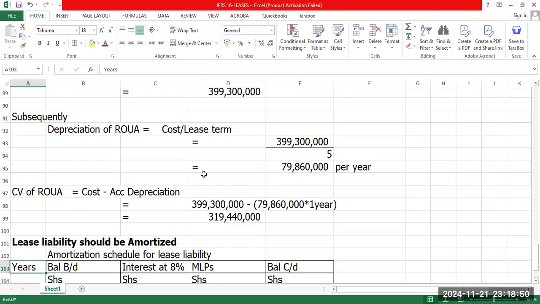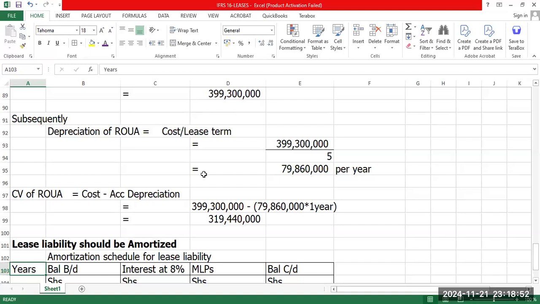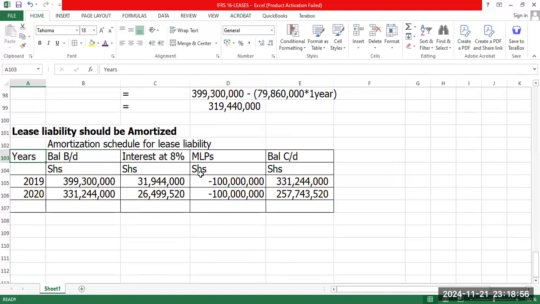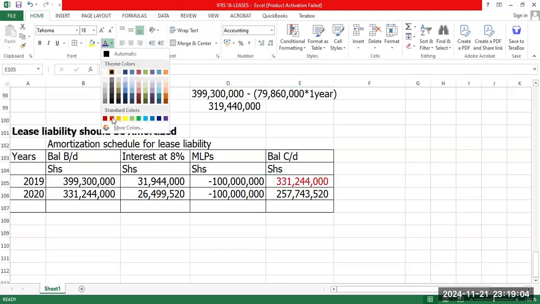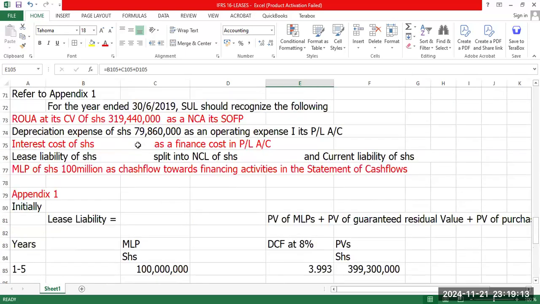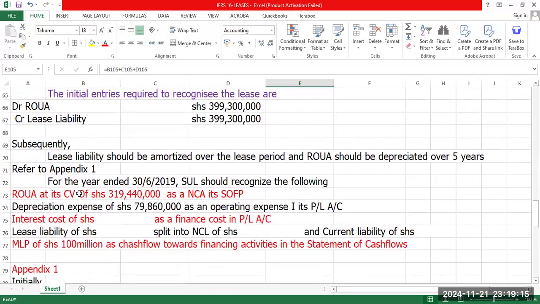So as we are handling the year ending 30th June 2019, the only liability we should recognize in 2019 is this one.